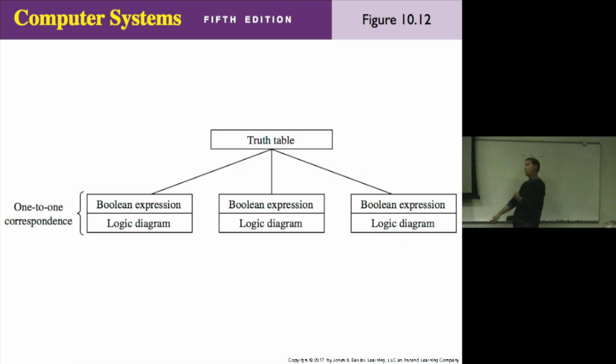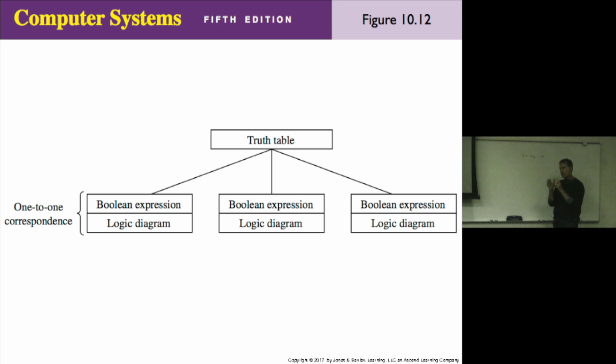And now comes a really important concept. Those three ways to visualize, those three ways to specify a combinational circuit, two of them are alike and one of them is different.